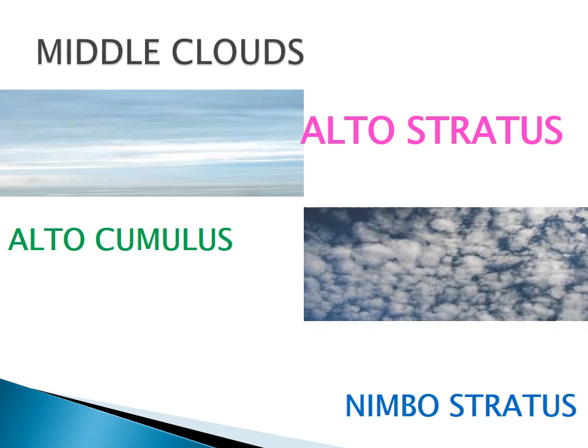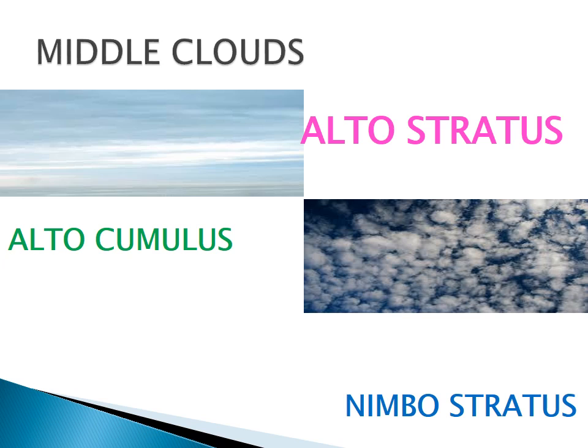And the next one is altocumulus. So when you see the sky, you have to find the type of clouds. Okay, this is which type. Hereafter, when you see the sky, you should say, oh, this is altocumulus, altostratus, nimbostratus, cirrocumulus, cirrostratus, cirrus, like that you have to find. Okay, listen very carefully.